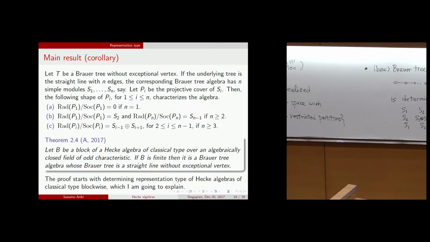So what is the main result? Let H be a block algebra of a Hecke algebra of classical type over an algebraically closed field of odd characteristic. If H is of finite type, then it is a Brauer tree algebra whose Brauer tree is a straight line without exceptional vertex. And the proof starts with determining the representation type of the Hecke algebra of classical type blockwise, which I'm going to explain. And this is actually the main result.